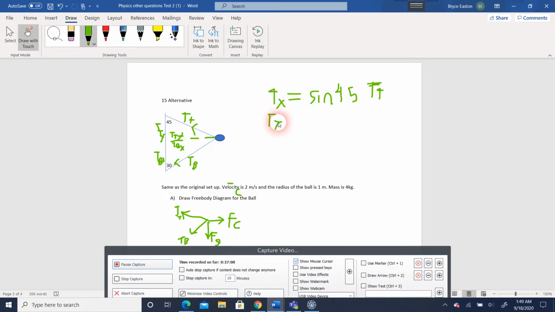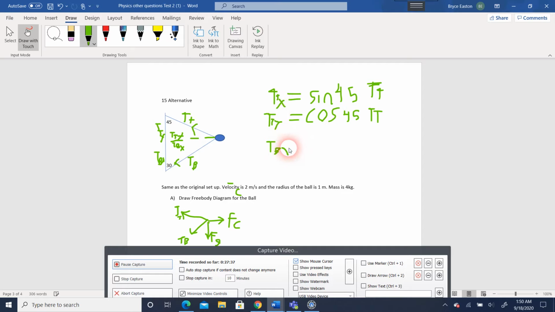Ty is going to be cosine of 45, which is actually kind of useful because cosine of 45 is equal to sine of 45, so we can substitute these in for each other, which will come in useful later in this problem. Then we have T bottom, this is T top y, T top x.